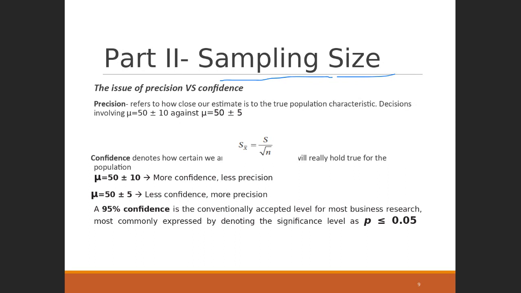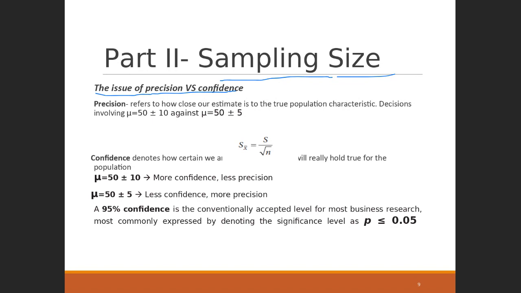In other words, the sample statistics should be reliable estimates and reflect the population parameters as closely as possible within a narrow margin of error. So there is always a margin of error when you are using sample statistics to estimate the population. That is why the issue of precision versus confidence is very important for you to understand.